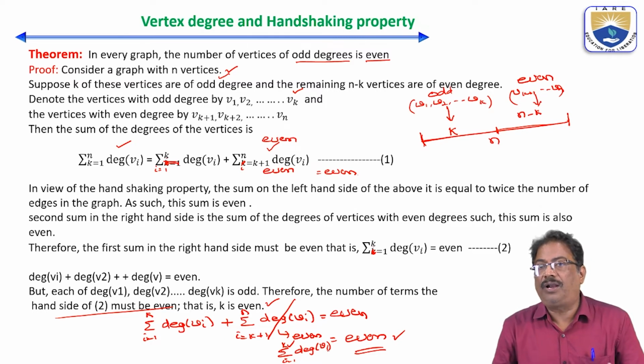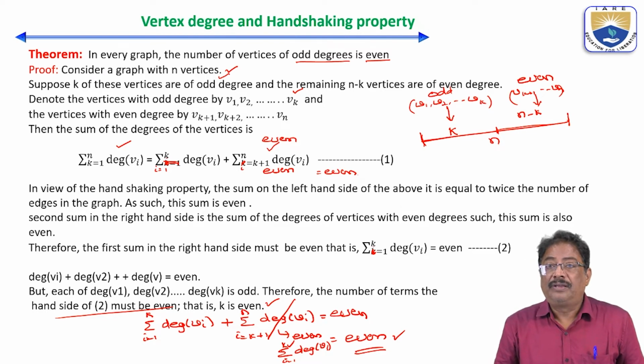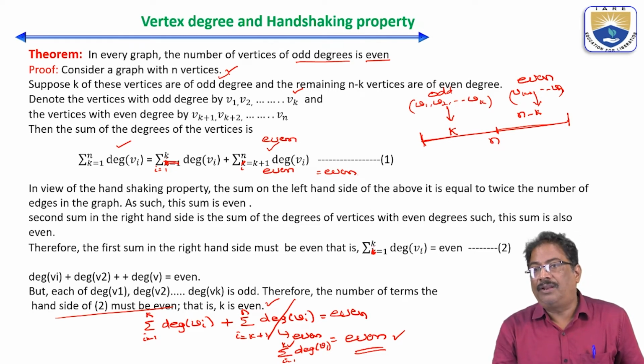This is possible only if k is even. That is, there will be an even number of vertices whose degree is odd, then only we are going to get even. So we can say that the number of vertices of odd degree is even.